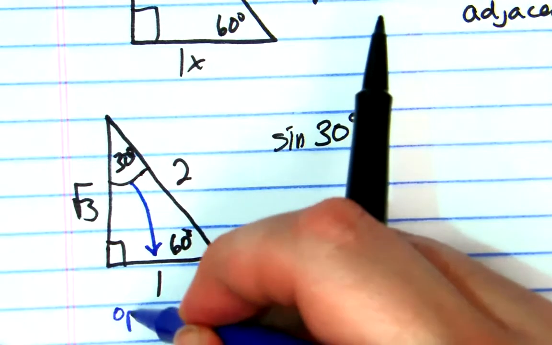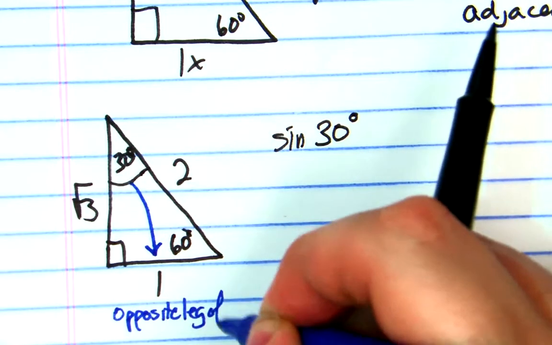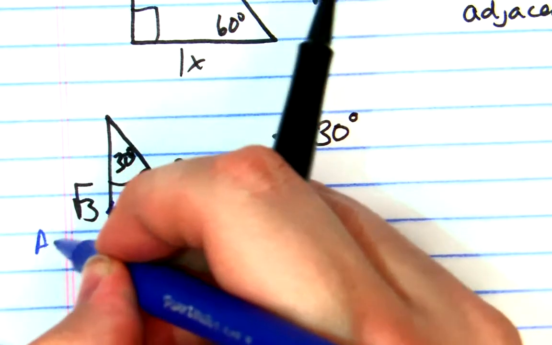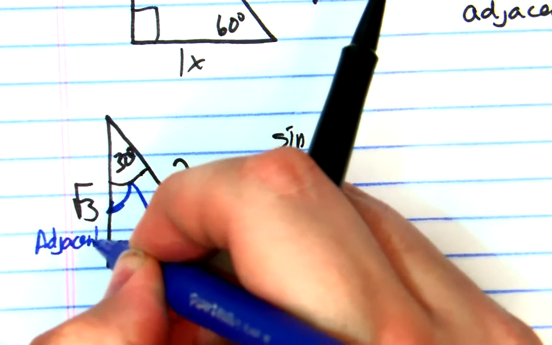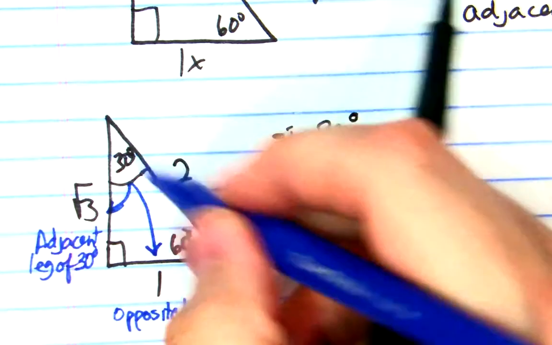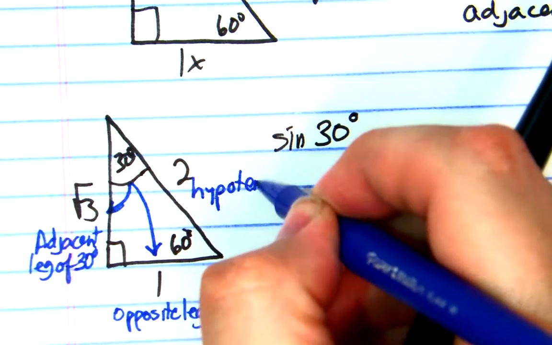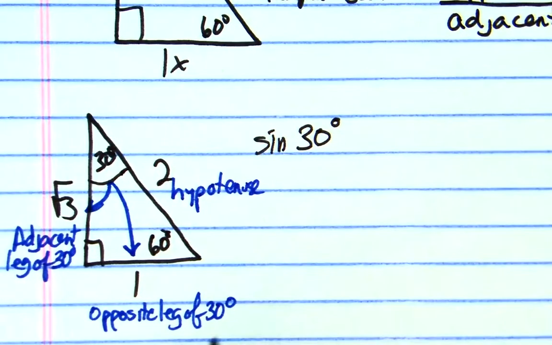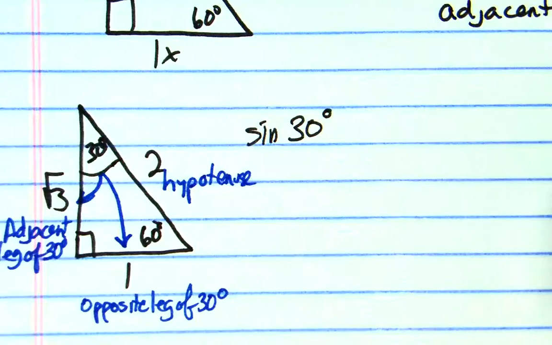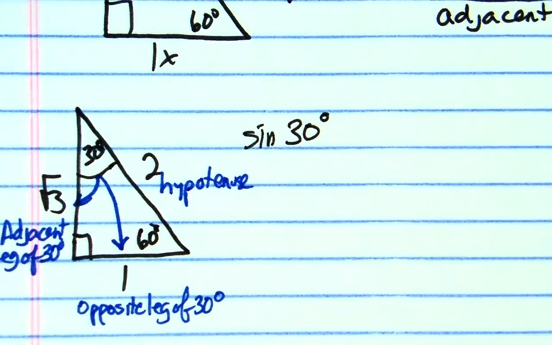This is the opposite leg of 30 degrees. Now this is the adjacent leg of 30 degrees. And the side opposite 90 degrees is always the hypotenuse. The nice thing is the hypotenuse will always stay the side opposite 90 degrees. It's just, what are the legs going to do? How are we going to change those?